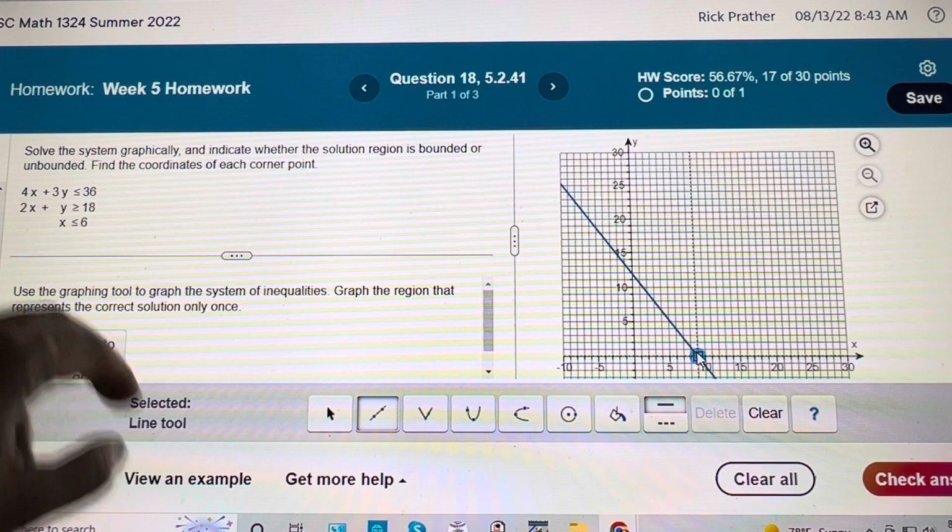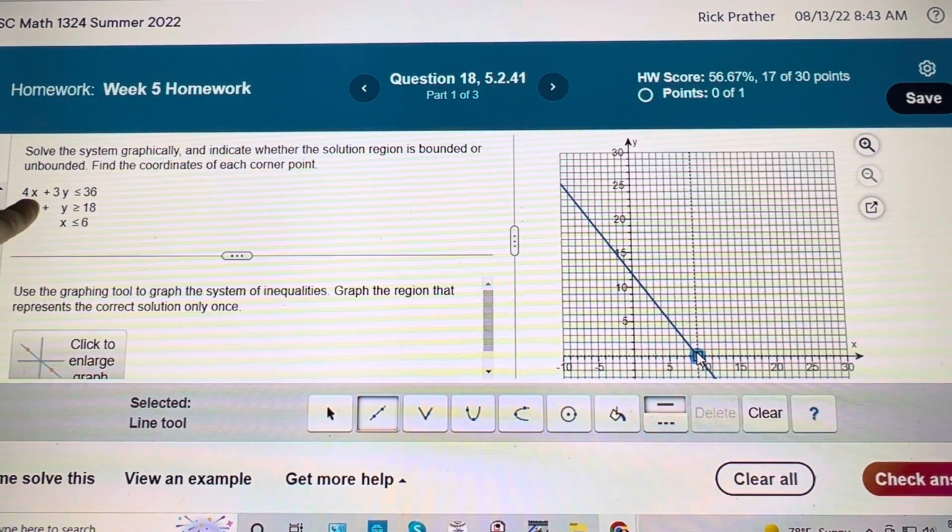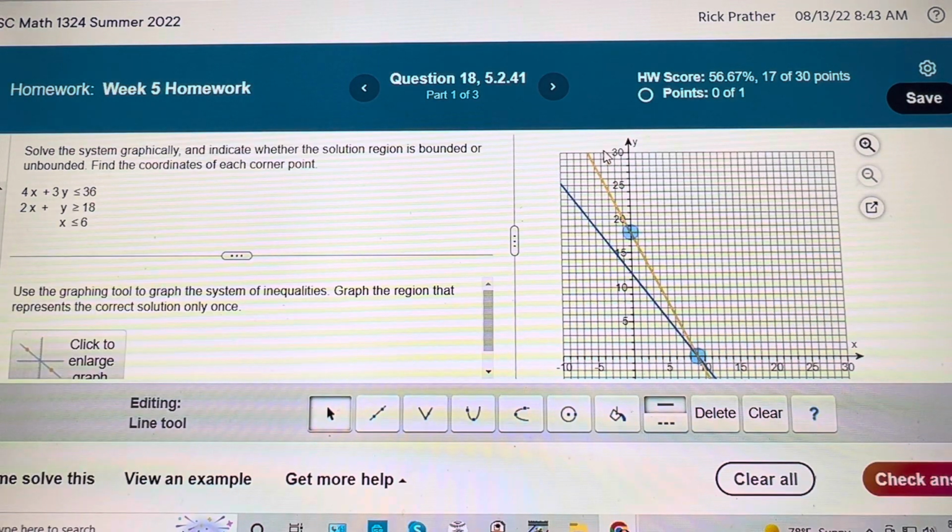It can start there too, because y would be 18, which is a different y. That one's greater than, so that one's going up forever. And then we also have a vertical line. x is less than or equal to 6. So click on x is 6 and then go above or below that anywhere.